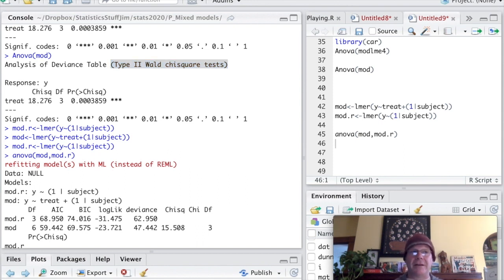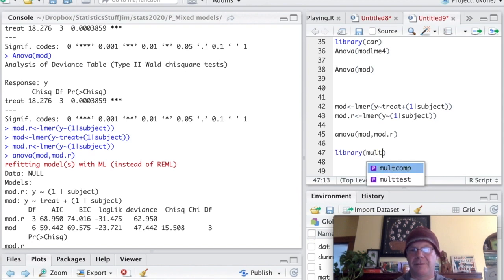And then I guess finally what we could just really briefly revisit is we could find out where those important differences are. So up to this point, what do we have? I got to find the name of the library or else I'll get lost. It's library multcomp. That's what I wanted.